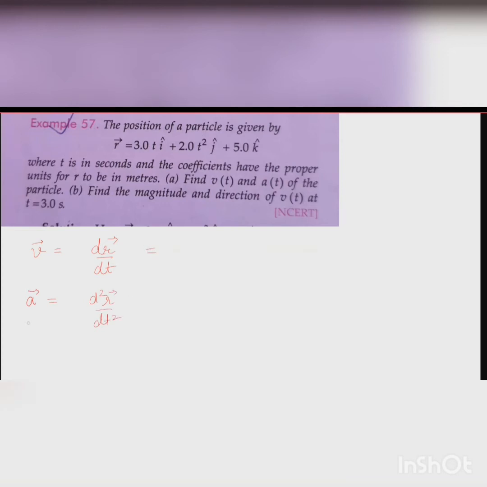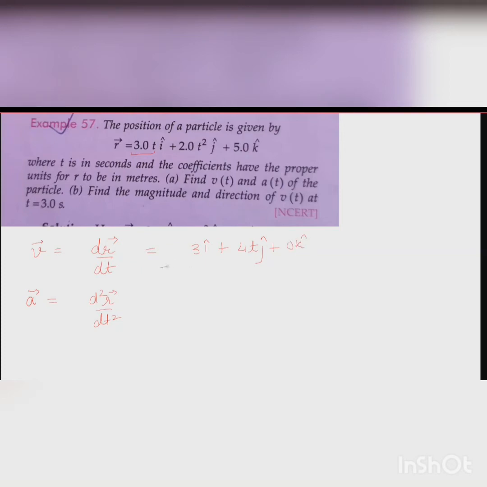So what would be dr by dt? Ma'am, 4t plus 3. Okay, yes. So differentiating the first coefficient, it would just give me 3i hat, plus it's 2t square, so it becomes 4t j hat, plus, because this is a constant, 0 k hat.